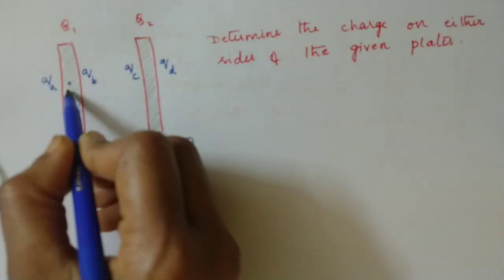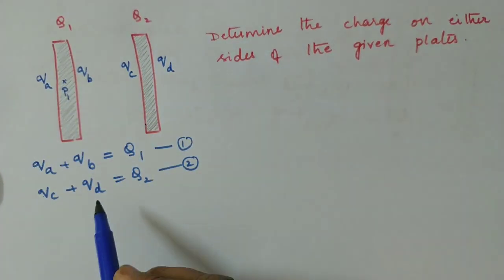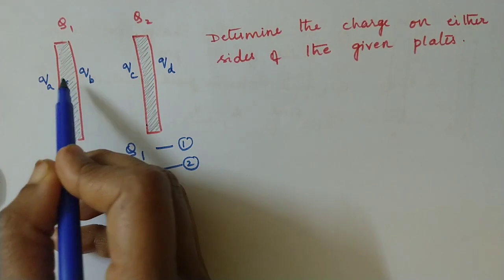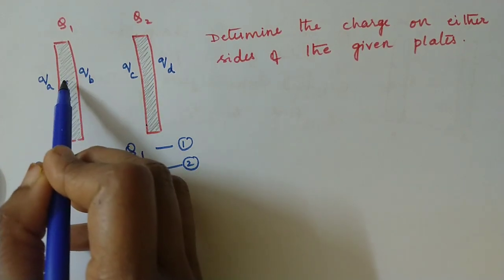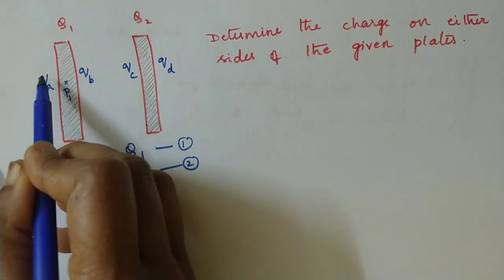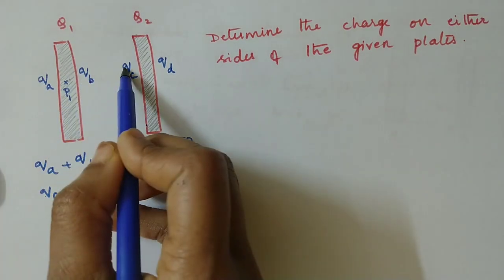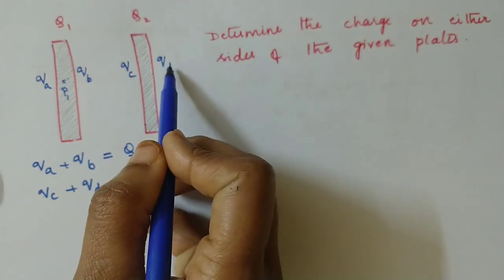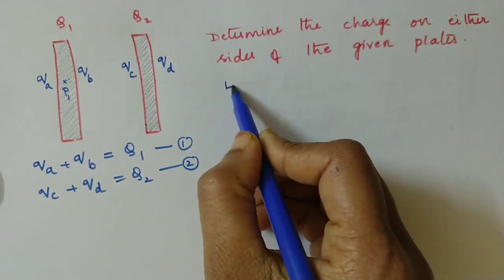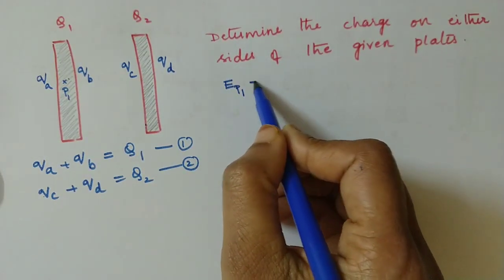So select a point P1 inside the first conductor. Field at P1 must be 0. That means the field produced by all the charges on its left side should be cancelled by the field produced by the charges on the right side. So I will calculate the field at P1.